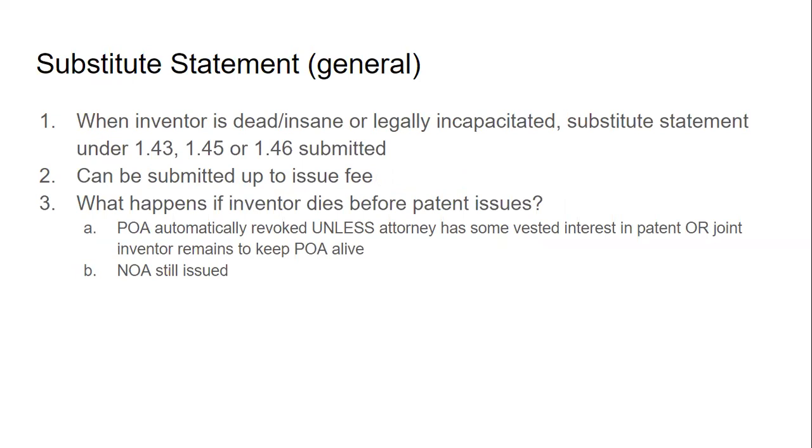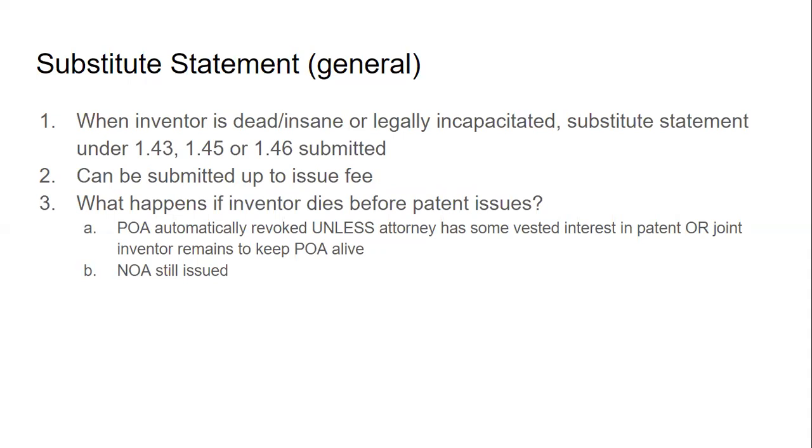But then as far as what happens if the inventor dies before the patent issues, that power of attorney, if it was just one inventor, is automatically revoked, unless that attorney had some sort of vested interest in the patent, or there's a joint inventor that had also given power of attorney, and so that would still be maintained in that case.